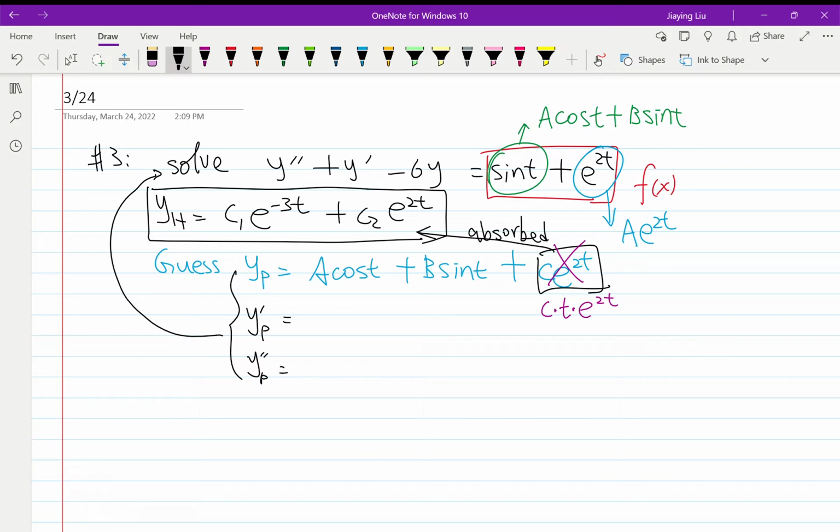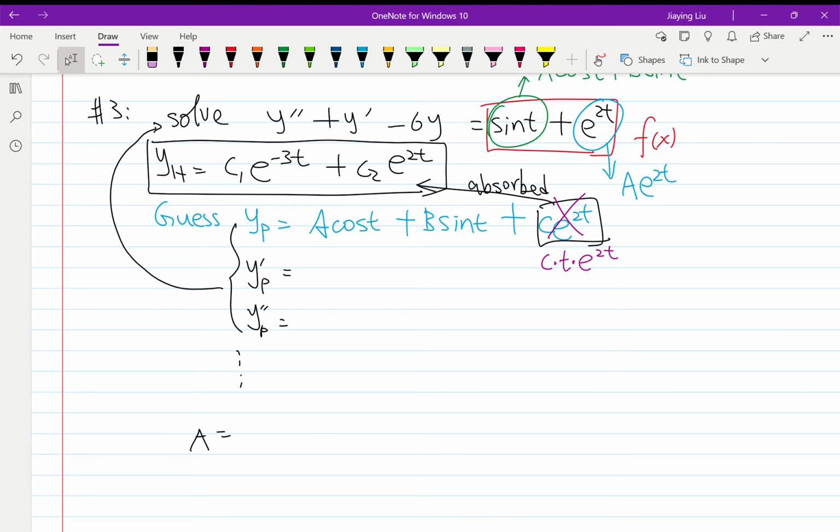So that's using the judicious guessing. You guess what the particular solution is based on the f of x function, and then you put it back into the differential equation and solve for a, b, c. So eventually we're going to find a. If you want, I can just write down what a is. That way you can check your work. A ends up to be negative 1 over 50.